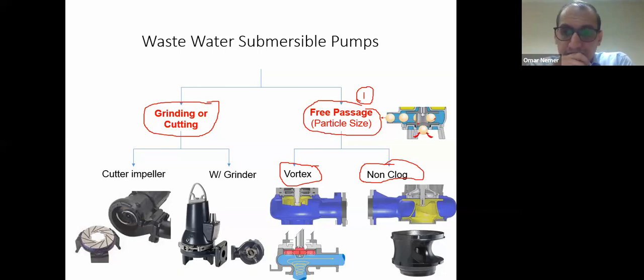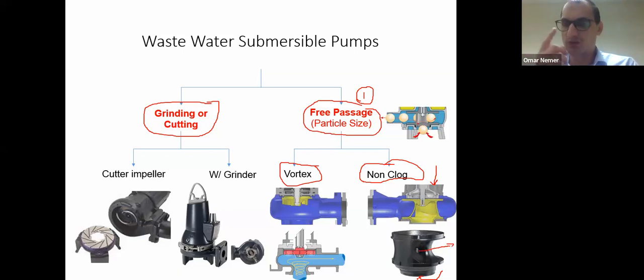The non-clog submersible pumps, if we look here, you can see the blue, which is the casing, and the yellow, which is the impeller. You can see the impeller is a closed type, but the distance between the two shrouds is wide. The waste goes inside from here, then it's pumped out from there.